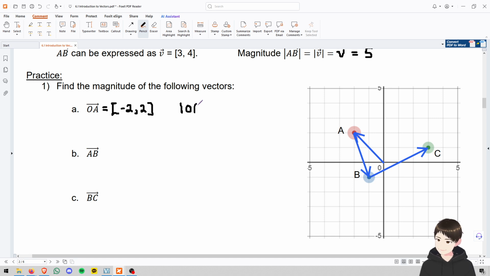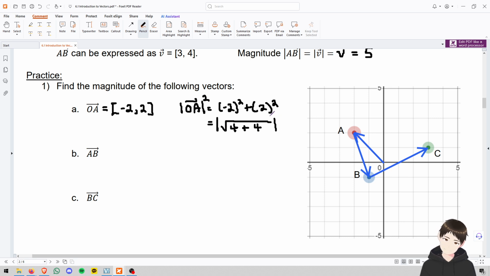The magnitude of OA is going to be, well, OA squared is equal to -2 squared plus 2 squared. That's going to be 4 plus 4. The absolute value of the square root of 4 plus 4.